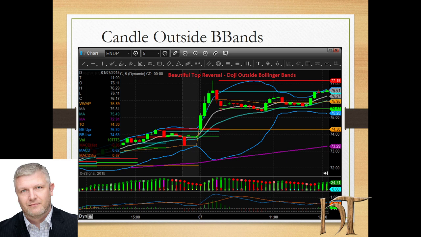Just to explain what's actually on here. We've got the Bollinger lines: this is the upper Bollinger line, the lower Bollinger line. We've got the volume weighted average price here.